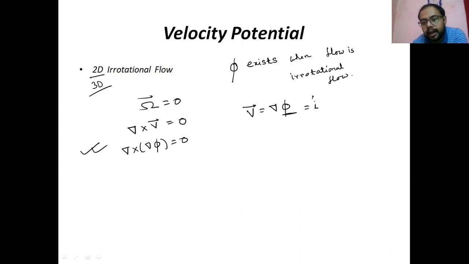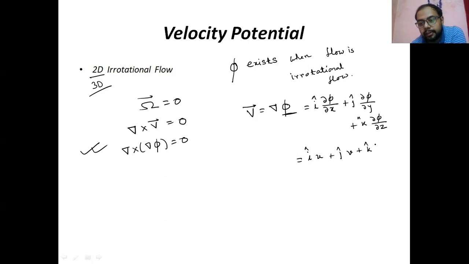What does it mean? i del phi by dx in Cartesian coordinates, j del phi by dy, plus k del phi by dz. In the same way, if you compare this in Cartesian coordinates, iU, jV, kW, so U we compare with del phi by del x, V with del phi by del y, and W with del phi by del z.